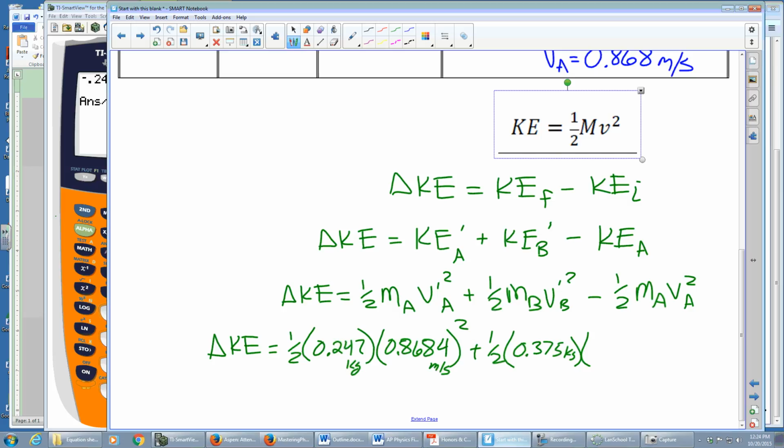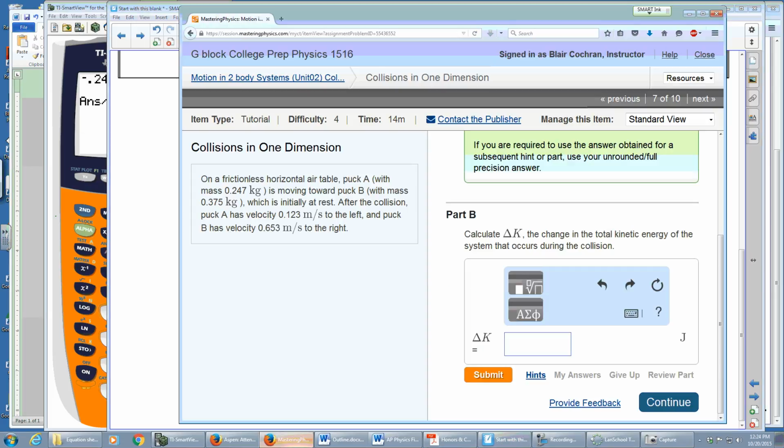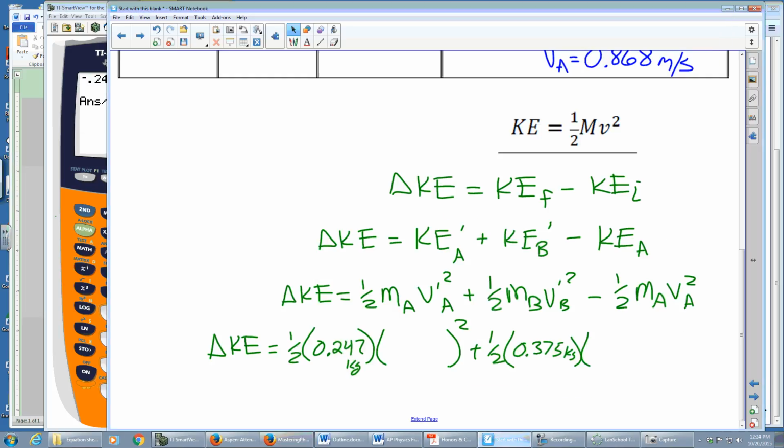Velocity of B, oh wait a minute, I just made a mistake. This velocity is the velocity of A afterwards, and that one I was told, that's not the one I solved for. After the collision, puck A has a velocity of 0.123, so this should be 0.123 meters per second.